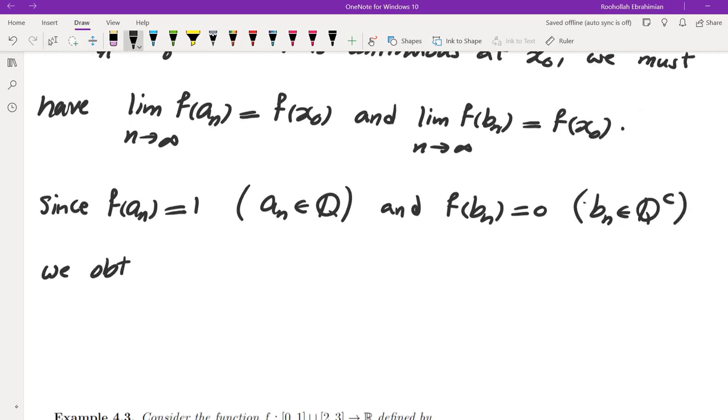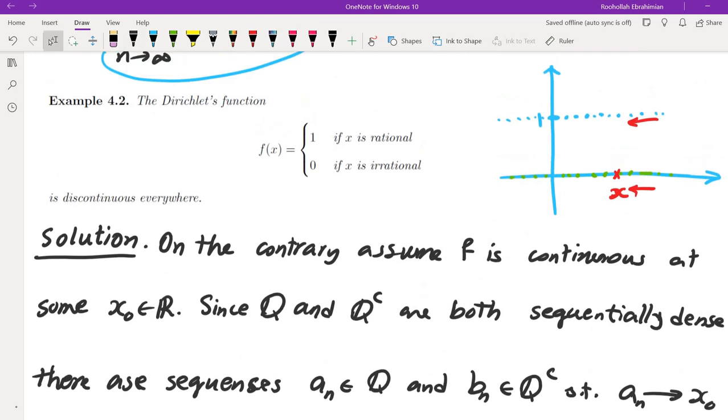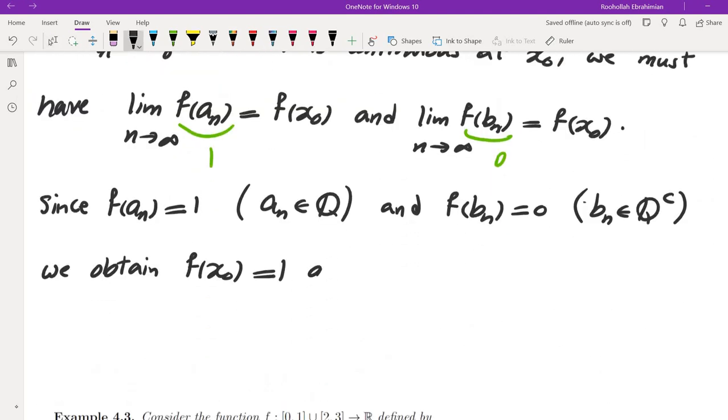We obtain that f of x naught is 1, so f of x naught must be 1. This is 0. If you go back, the definition was for every rational you get 1, for every irrational you get 0. So at the same time f of x naught must be 0 and 1, which is a contradiction.